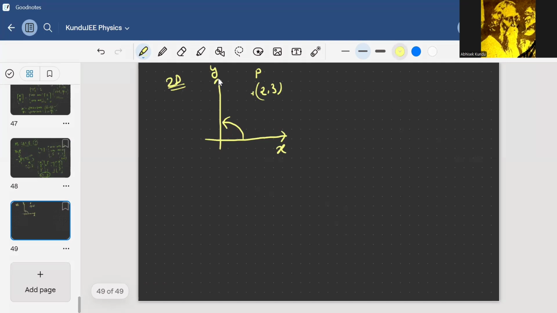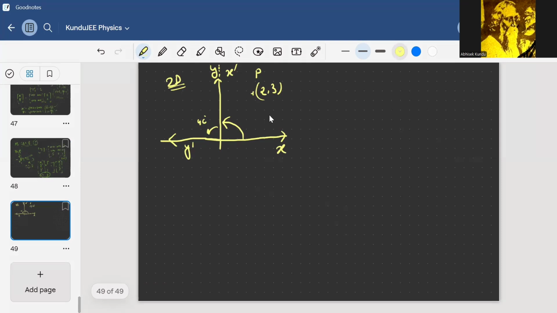So our x dash axis right now is here. And our y-axis also rotated by the same angle 90 degree, right? This is our y dash axis.